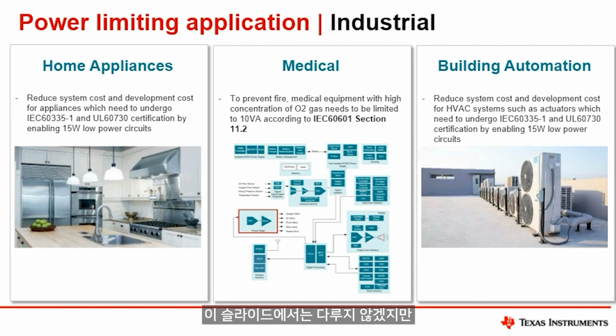And we won't touch on this in the slides, but it is the same application as the home appliances, but with building automation for different actuators or different systems, which also need to undergo this IEC and UL testing. By enabling 15-watt low power circuits, you can also reduce system costs and development costs.